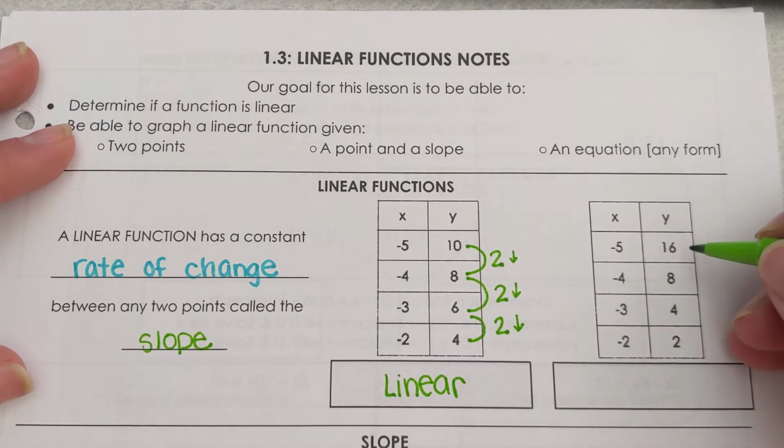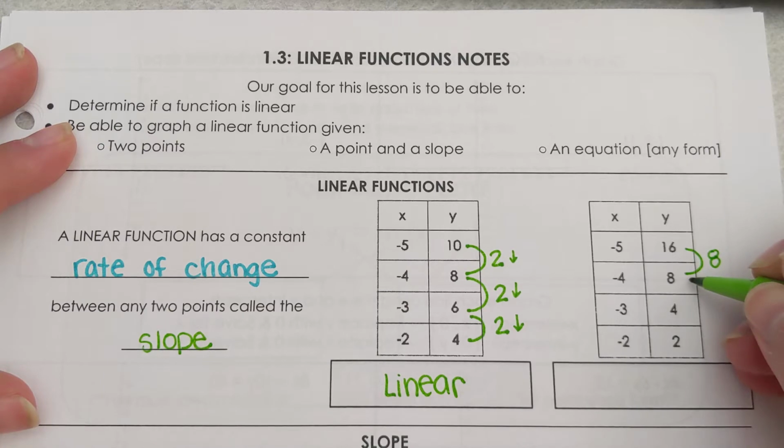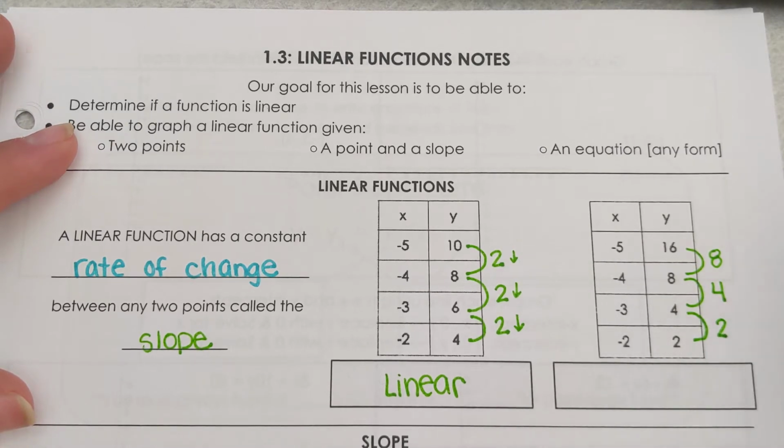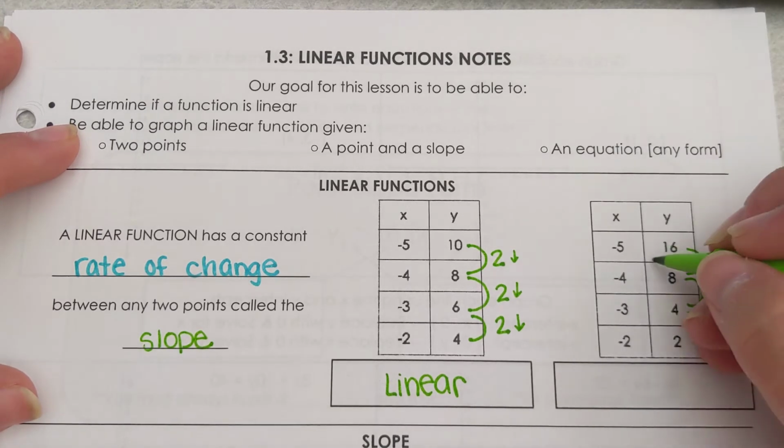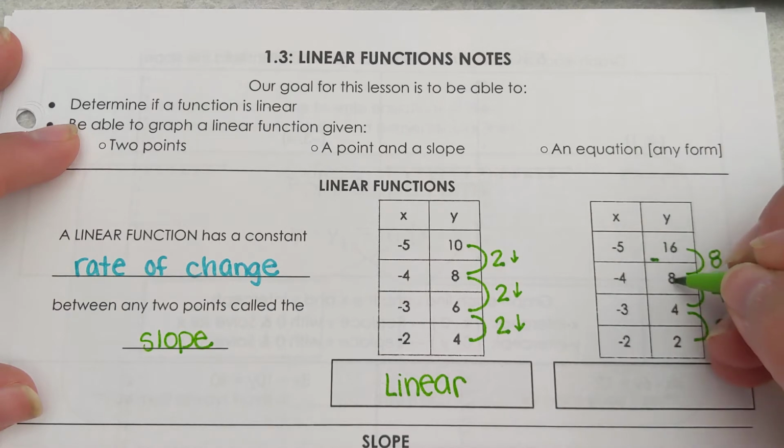Over here, from 16 to 8, that's going down 8. From 8 to 4, that's going down 4. And from 4 to 2, that's going down 2. You can also think of it as how far apart are 16 and 8 on a number line. Or, if you really need to, 16 minus 8 is 8. 8 minus 4 is 4.